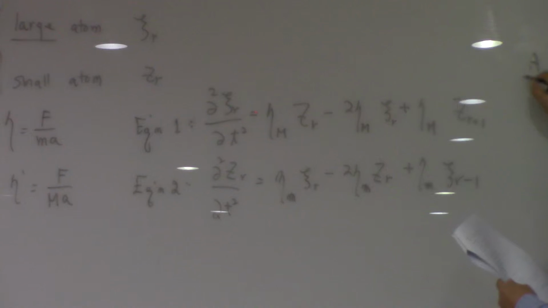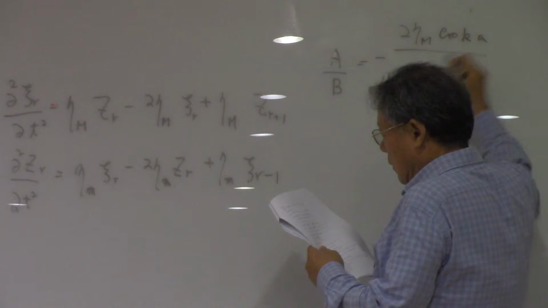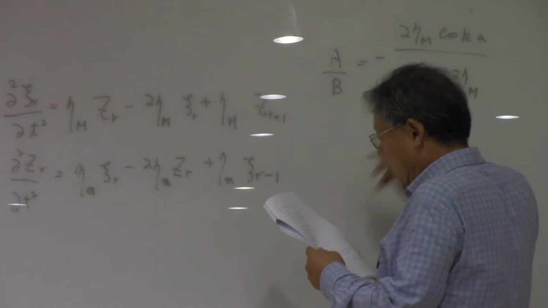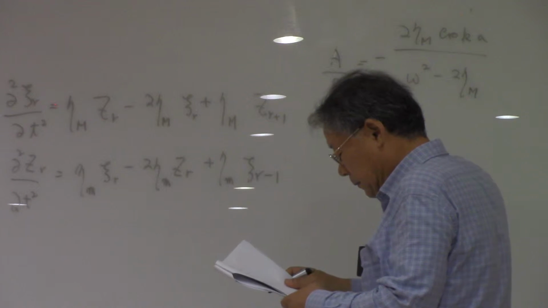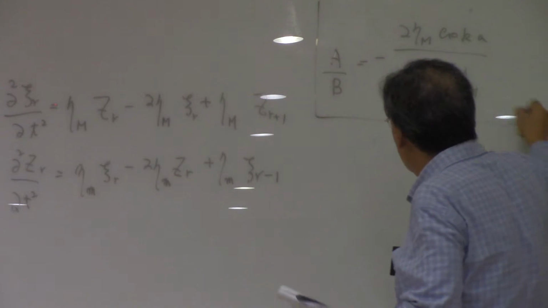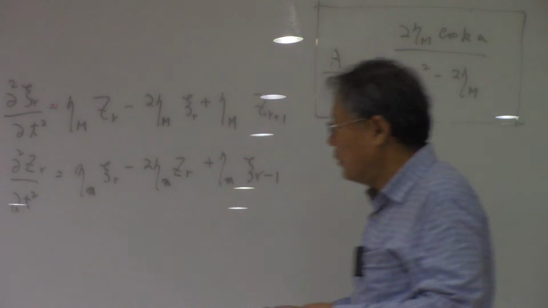Looking like this. A over B is going to be 2 eta M cosine Ka over omega square minus 2 eta M. And this is the amplitude of two equations.